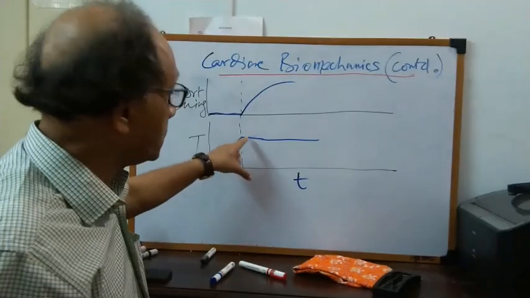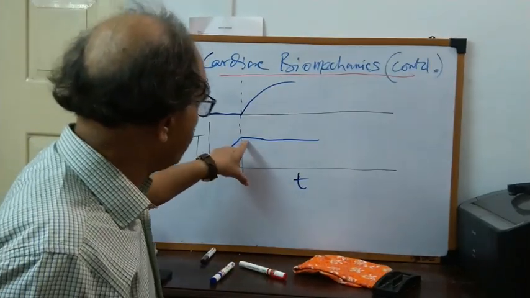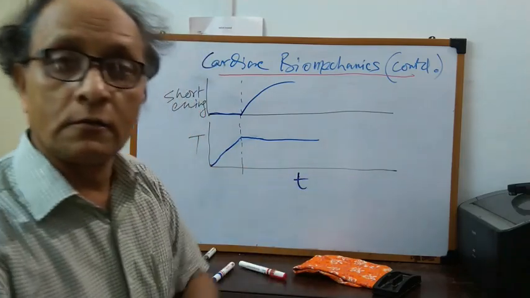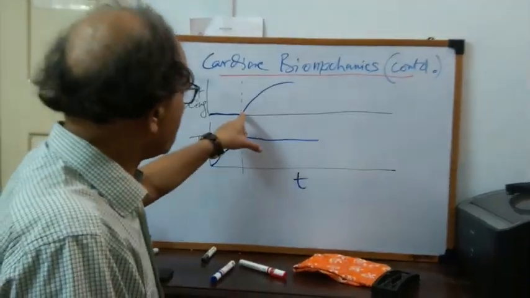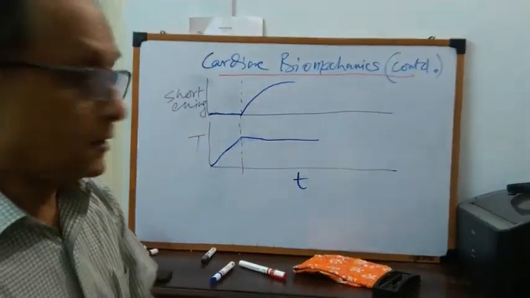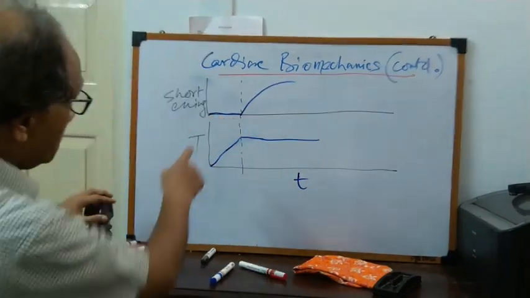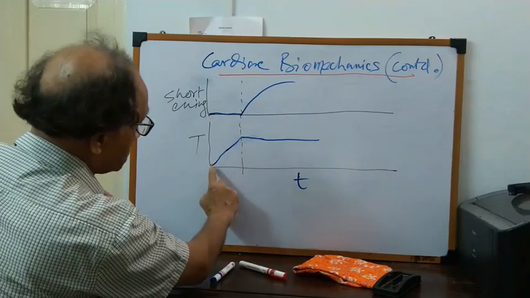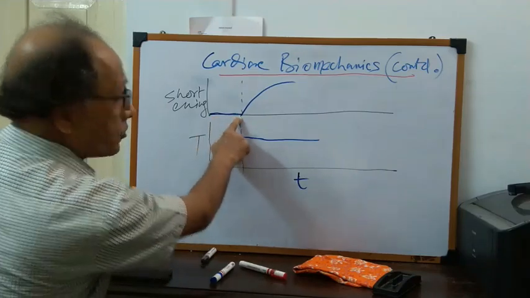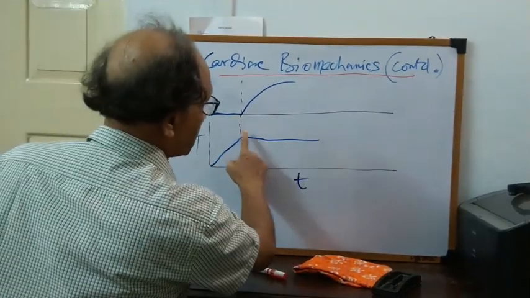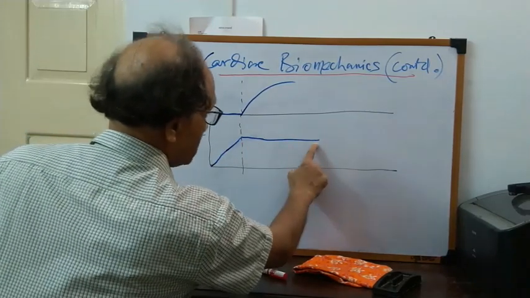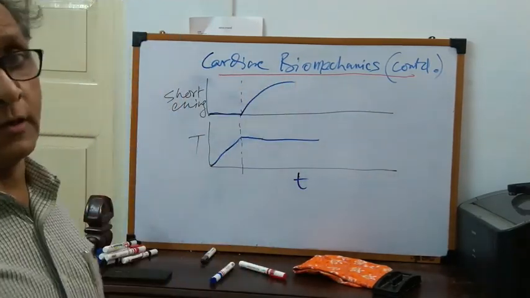And once the load is overcome, it becomes isotonic, so that there is no change in tension, but at the same time there is shortening. But before that, there is no shortening because this is isometric. So this portion is isometric, generation of tension with no shortening, and this part is classical isotonic where tension remains the same but there is shortening.